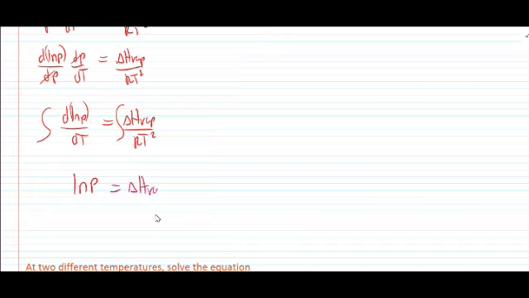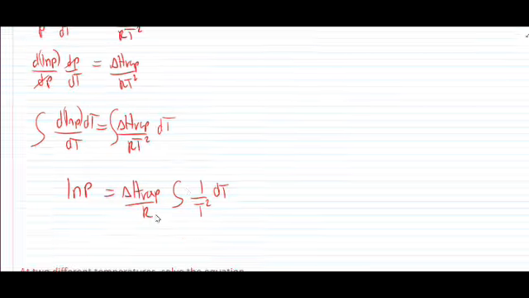Remember, we assume that the molar enthalpy of vaporization doesn't change. We're going to bring out our R value there, and that's going to leave us with the integral of 1 over T squared dT. So we're again integrating as a function of temperature on both sides.